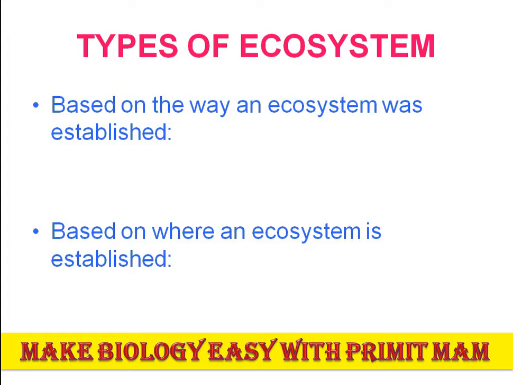Now let's see the types of ecosystem. Types of ecosystem are based on certain criteria. The first criteria is based on the way an ecosystem was established, and on this basis the ecosystem is categorized into two types. The first type is natural ecosystem.